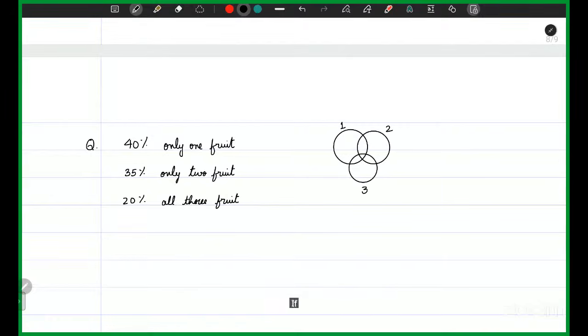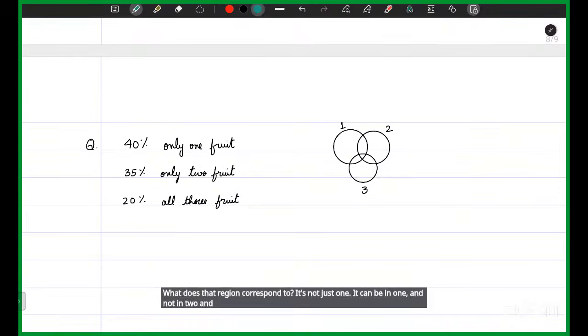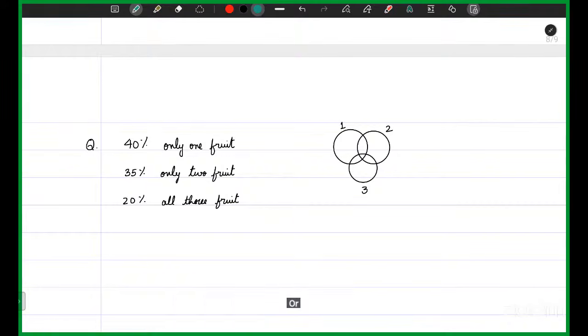If someone likes only one fruit, what is that region? It's not just 1. It can be in 1 and not in 2 and 3, or it could be in 2 but not in 1 and 3, or it could be in 3 and not in 1 and 2. Right?